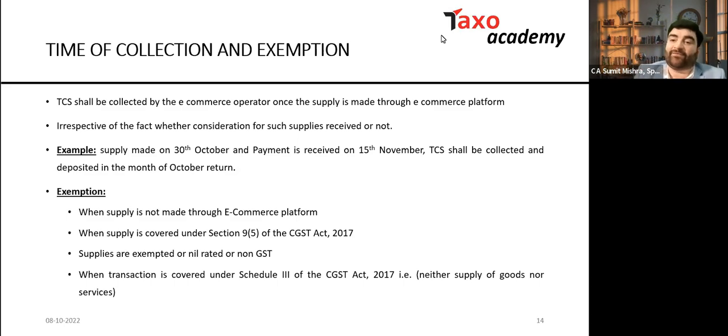In this transaction, while making the payment to me, Flipkart will collect the prescribed percentage of TCS from my consideration. For example, let's say it's a rate of 0.5% CGST. If it is an intra-state transaction, 0.5% of SGST. So in that scenario, for example, the product was for 100 rupees, 18 rupees tax was there, 118 rupees.